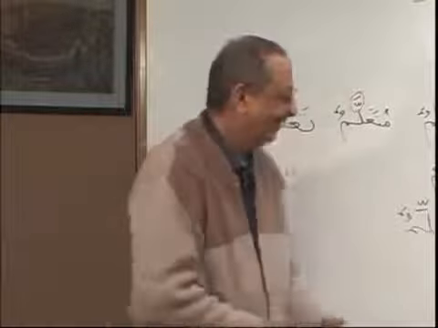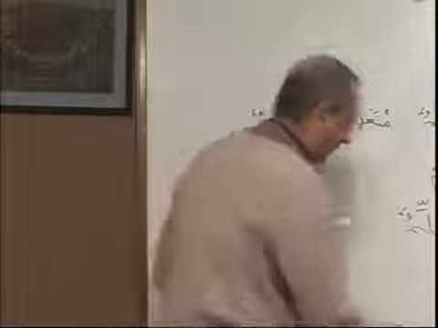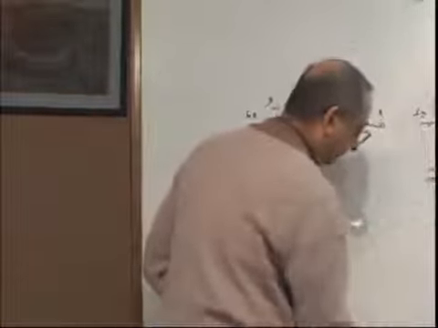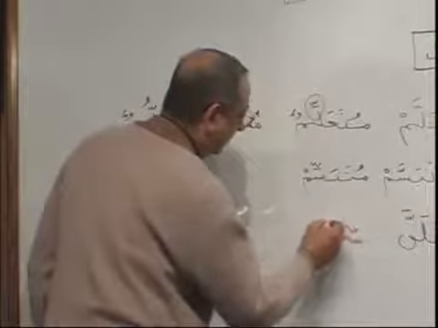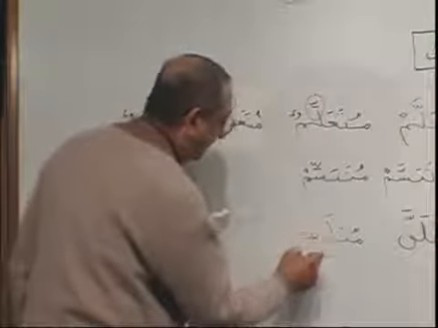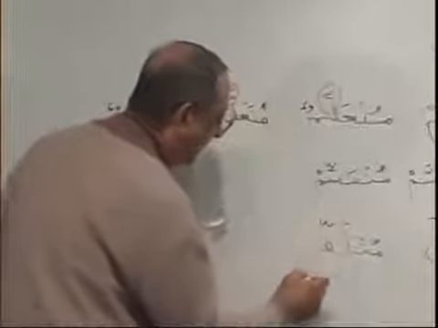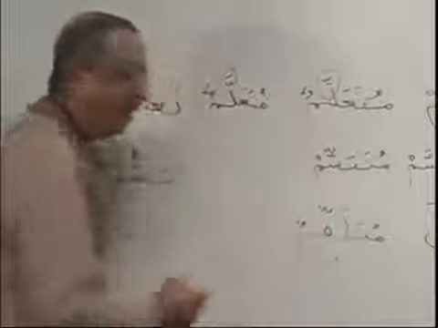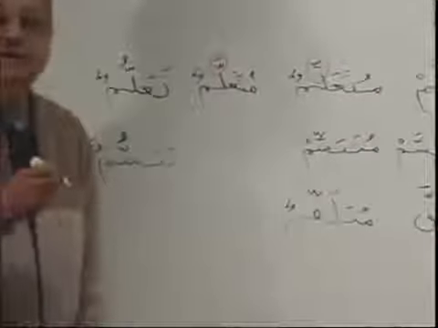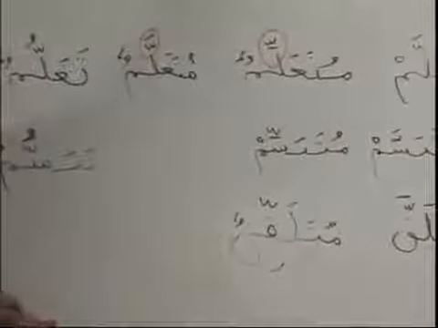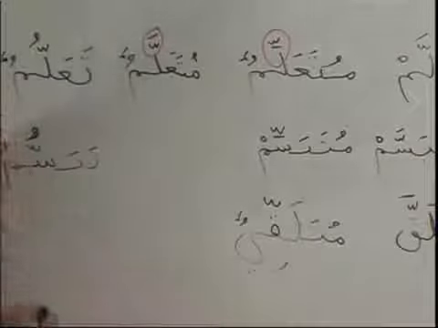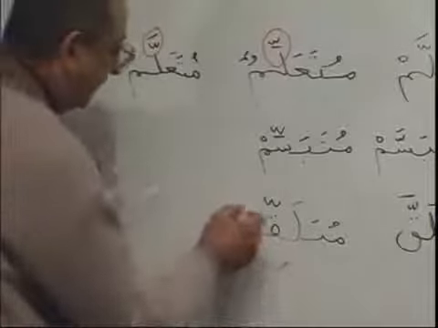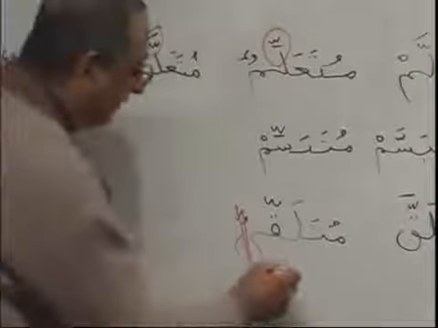Mutalakin. Mutalakim. So what is it, brothers and sisters? Let us first write it down. Mutalakiyun. Are you with me? Mutalakiyun. That is your original. But when there is a ya, and there is a kasra before it, then we drop the ya and give compensatory kasra.